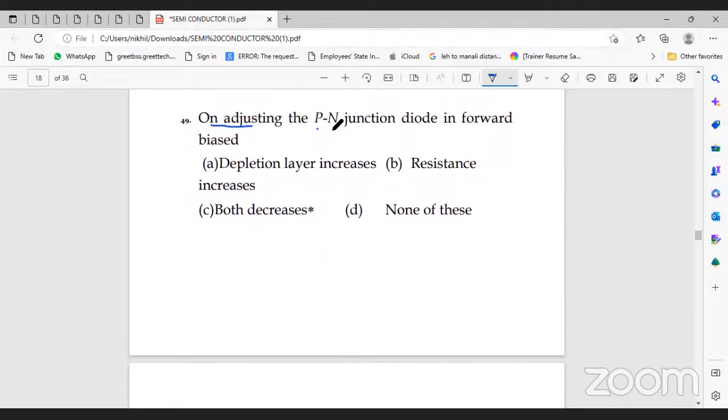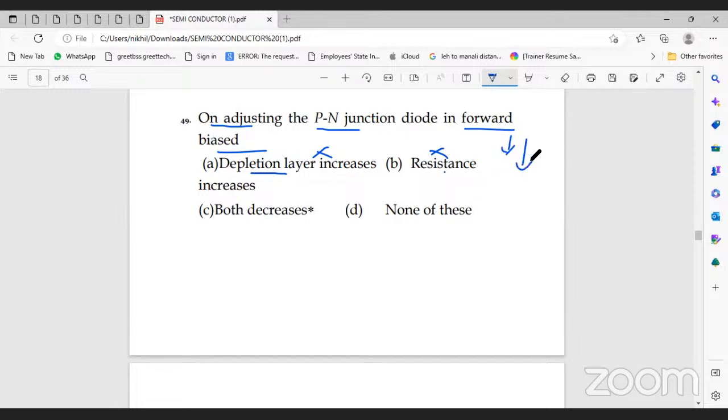On adjusting the PN junction diode to forward bias, what will happen? Will the depletion region increase? No. Will the resistance increase? No. Because it is forward bias, the depletion region will decrease.